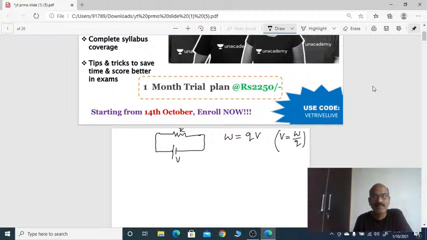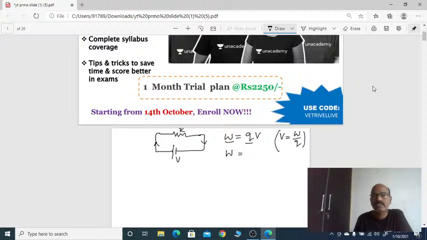Here, I apply an external voltage to the external resistance in the conductor, giving connection to a battery. So the work done to move the charge through this entire circuit from higher potential to lower potential is equal to Q into V.